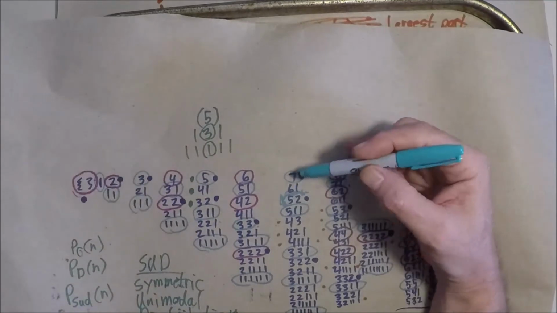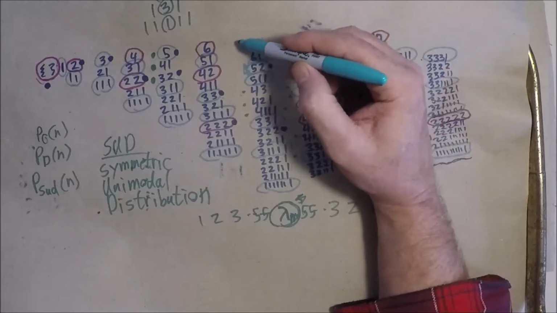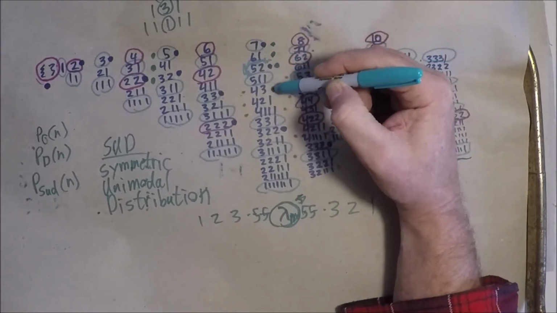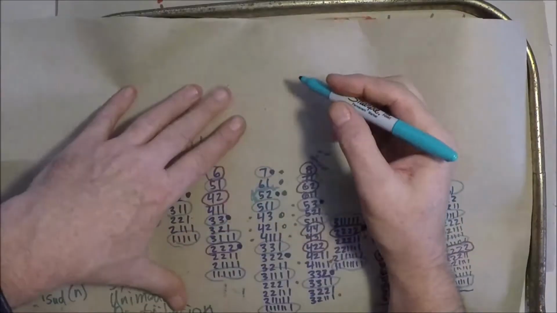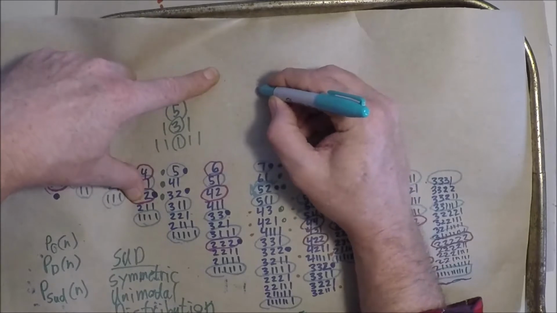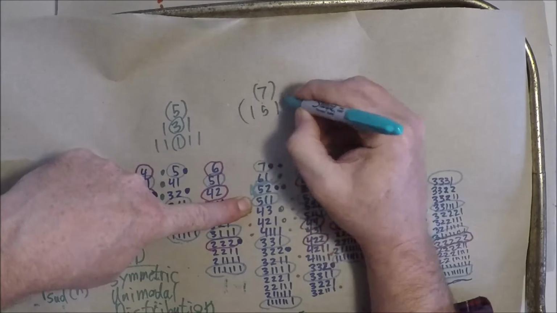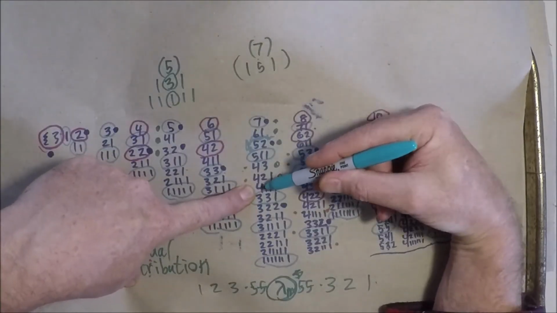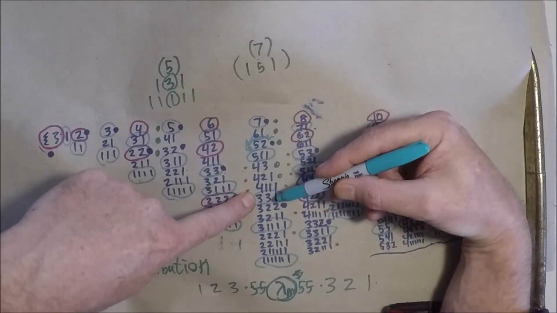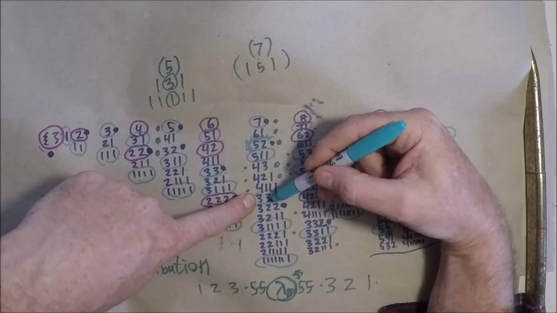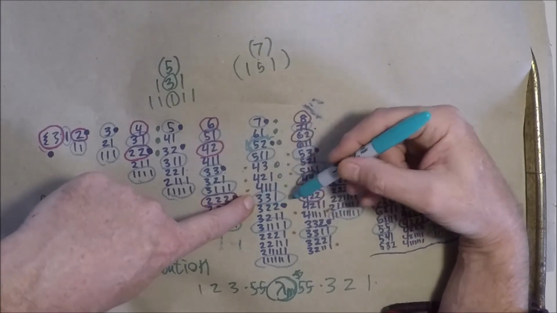Let's look at number 7. We had into odd parts 1, 2, 3, 4, 5. If we go to distinct parts, we've got 1, 2, 3, 4, 5, and none of the rest have distinct parts. What are our symmetric unimodal distributions? They are 7, and 1 5 1. And that's not going to work because we need an even number of the repeated parts to be symmetrical. This one here can't work because if we made this symmetrical, we'd have to put 1 in the middle and it would not be non-increasing.